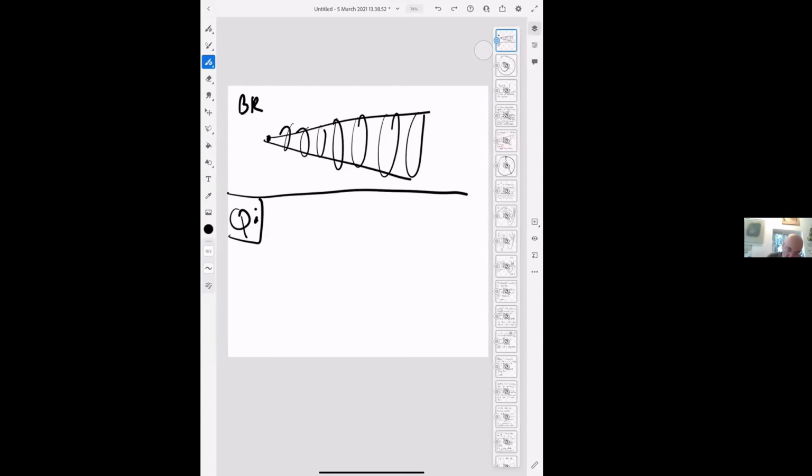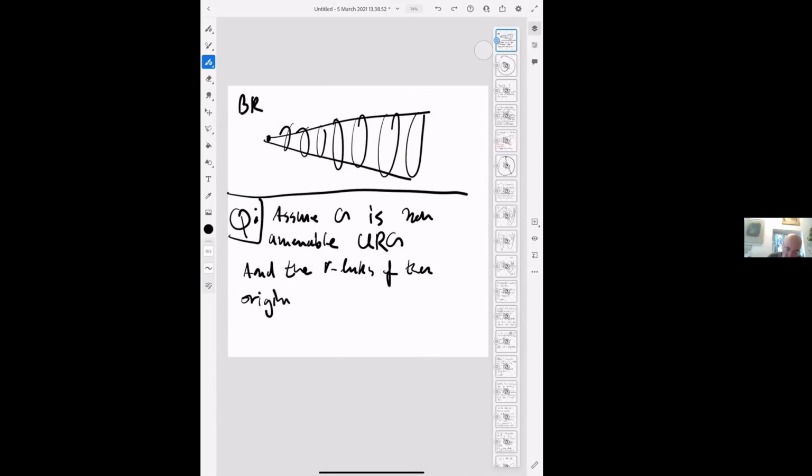Assume G is a non-amenable unimodular random graph, and the r-links of the origin are a uniform expander family, then G is Liouville.